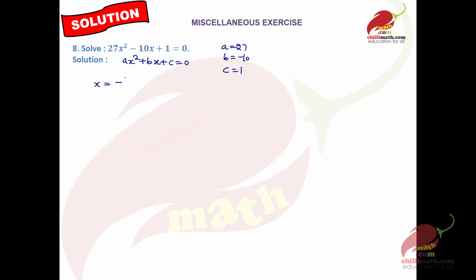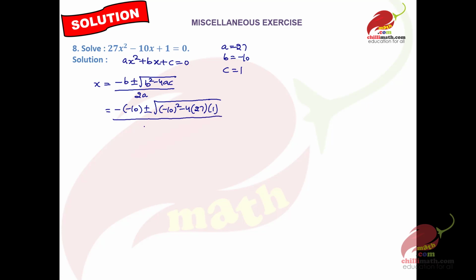Now using the formula to find roots, that is x equal to minus b plus minus square root of b square minus 4ac over 2a. Putting values of a, b, c, minus of minus 10 plus minus square root of minus 10 whole square minus 4 into a into c over 2a.